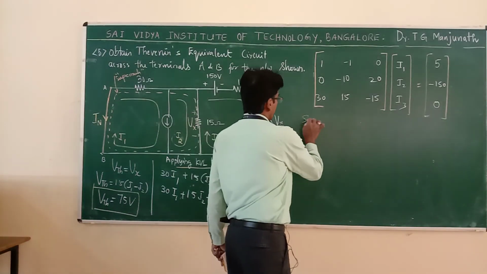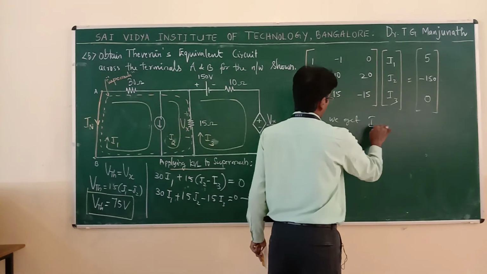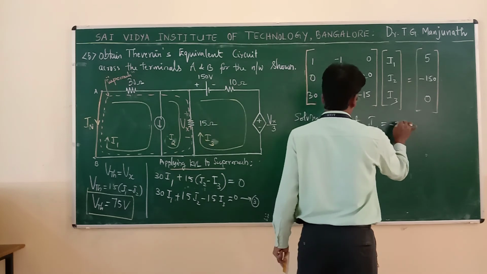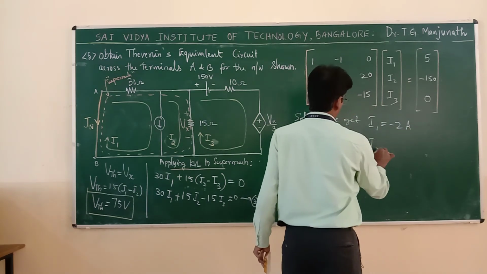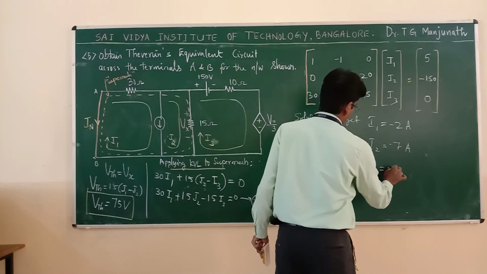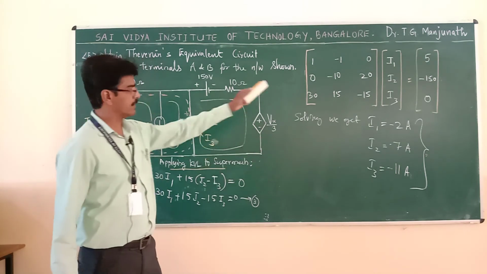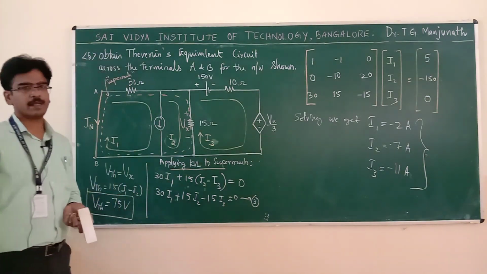So, solving, we get I1 is equal to minus 2 ampere, I2 is equal to minus 7 ampere, I3 is equal to minus 11 ampere. These are the answers for I1, I2 and I3.